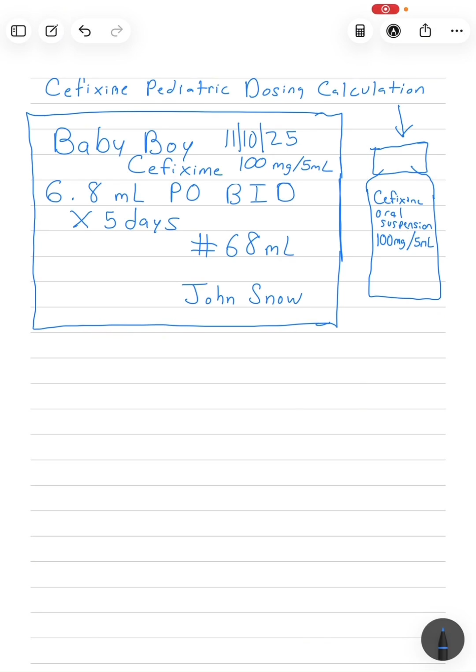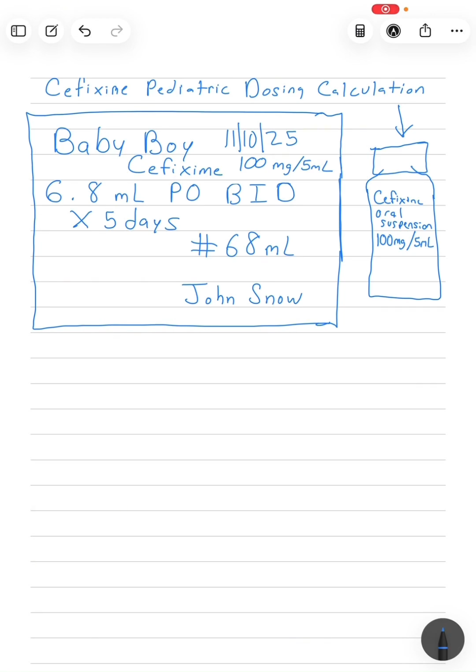All that means is that for every 5 milliliters of liquid, there is 100 milligrams worth of medication. The doctor wants the baby to have 6.8 milliliters by mouth, that's what the PO stands for, twice a day, that's what the BID stands for, for 5 days. The doctor wants us to give a total of 68 milliliters.